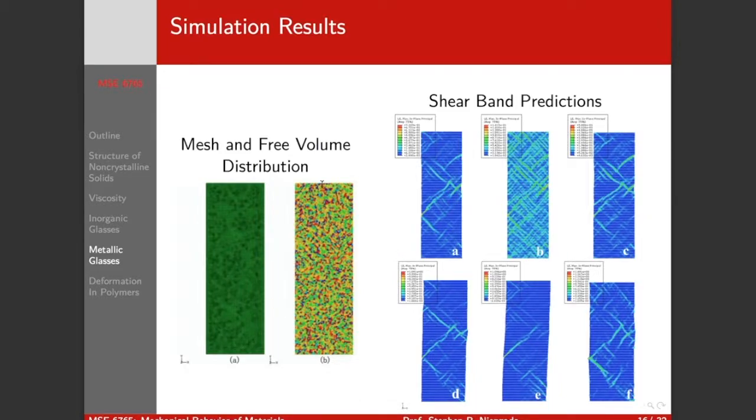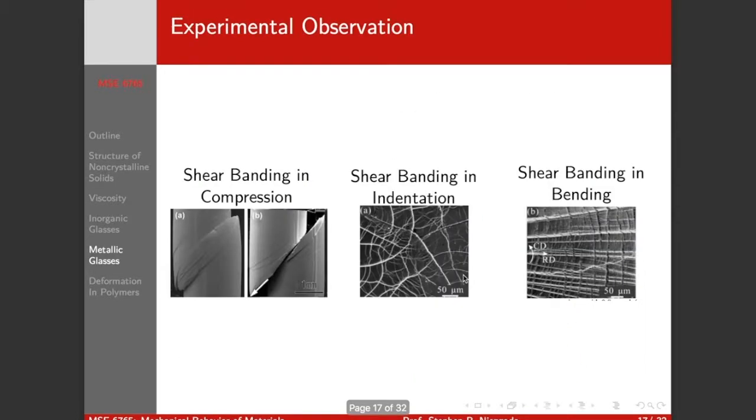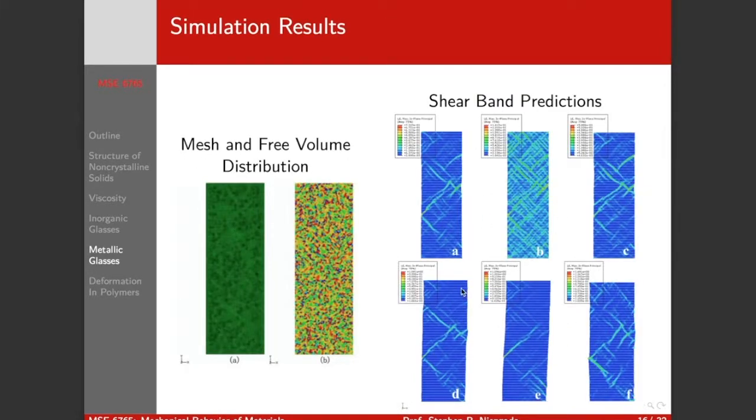This is some simulations in metallic glasses where they have a local free volume distribution in this model. I accidentally cut out the reference, but you can see how the shear bands form, right?